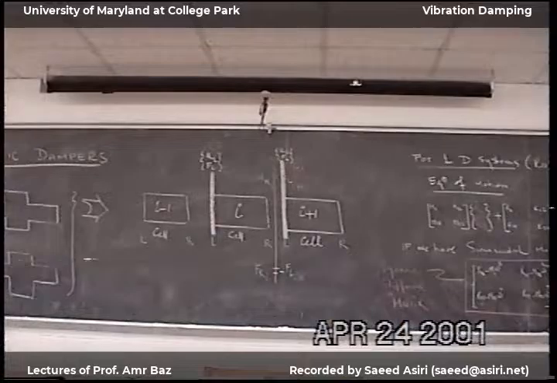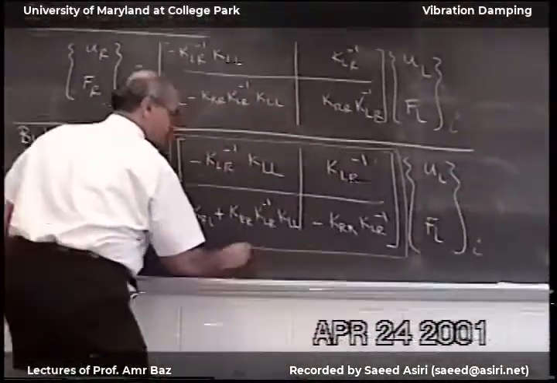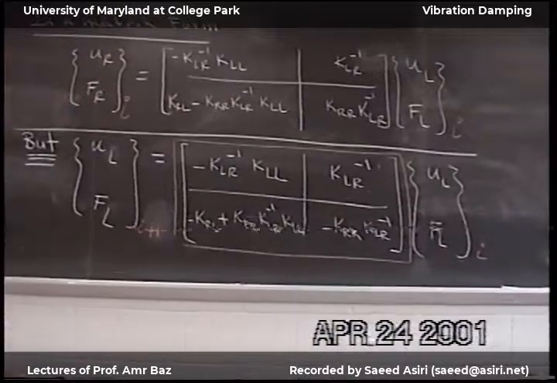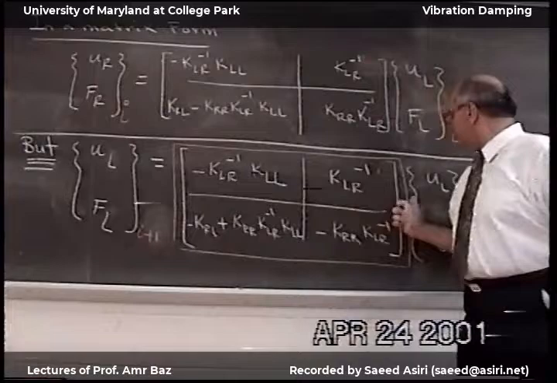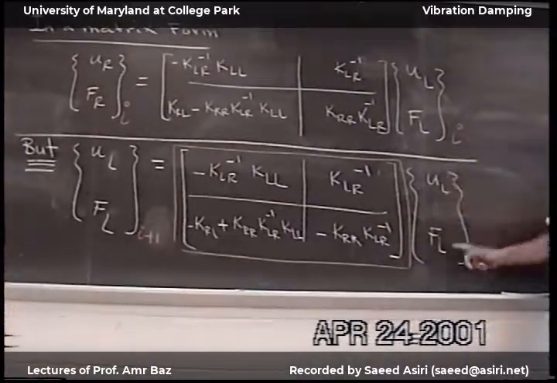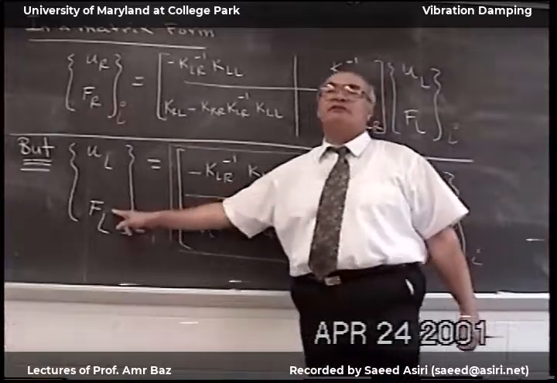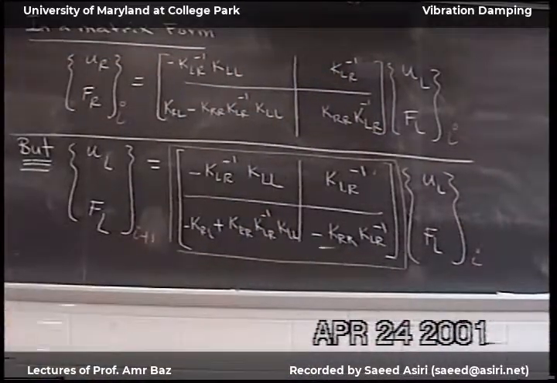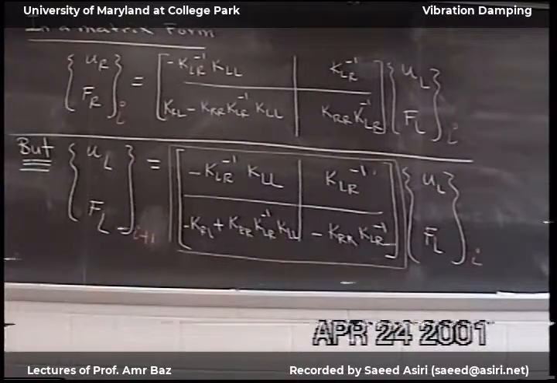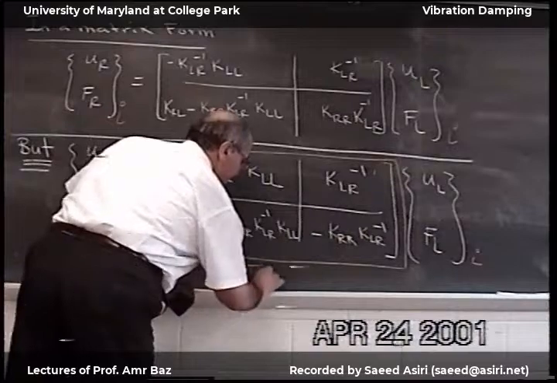Now, this matrix has a very famous name. It's called the transfer matrix because it takes the input state vector and transfers it to the output state vector. So the input at the cell I, the output at the following cell I plus 1. So this is called my transfer matrix.